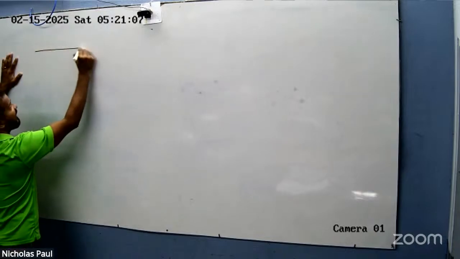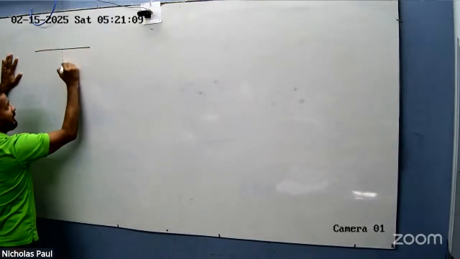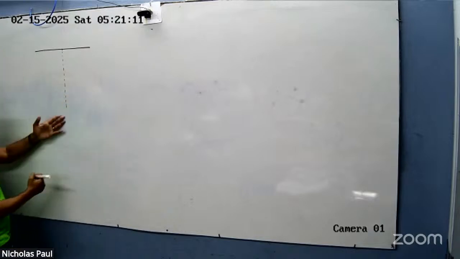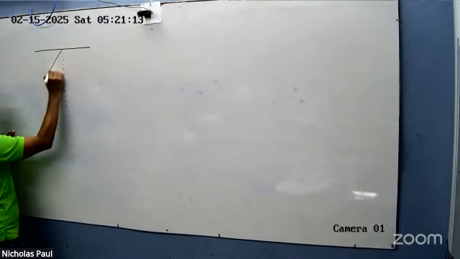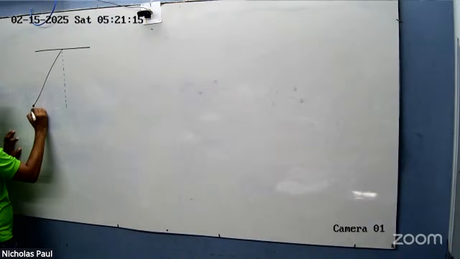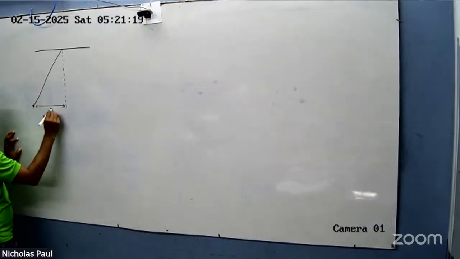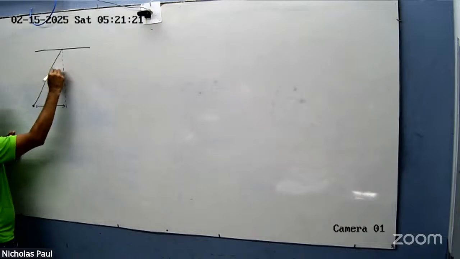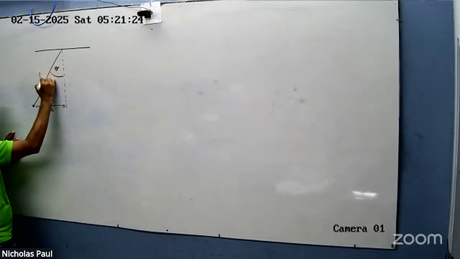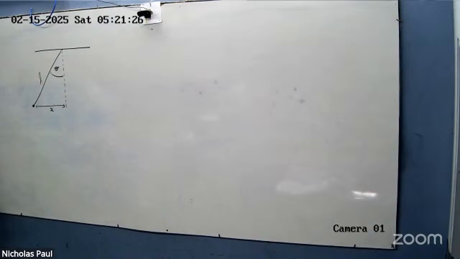So I'm giving you an object. This is the equilibrium position. I am displacing it at distance x. The angular displacement here is theta and the length of the string is L. Well, what are the forces acting on it?